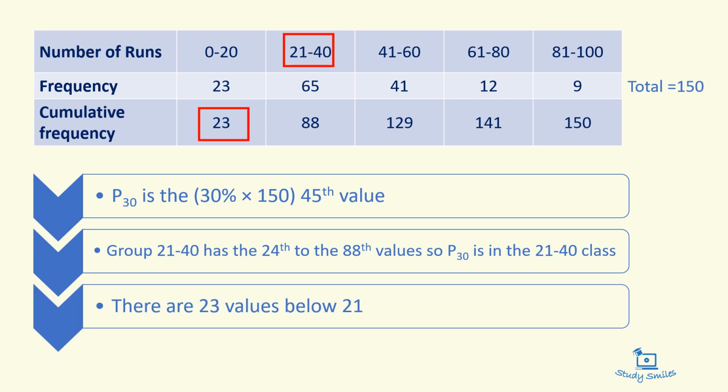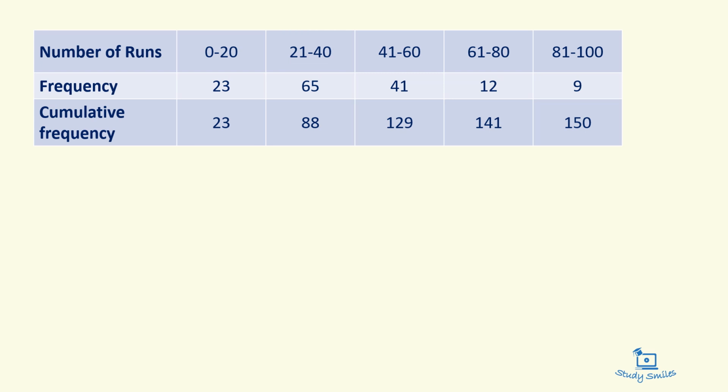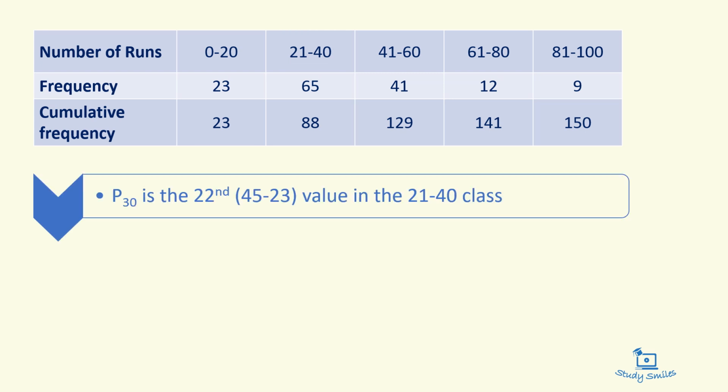We can also see from the frequencies that there are 23 values below the 21 to 40 class. So the 45th position of the 30th percentile minus the 23 values in the preceding groups means the 30th percentile is the 22nd value in the 21 to 40 class.